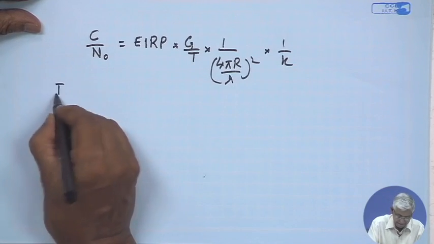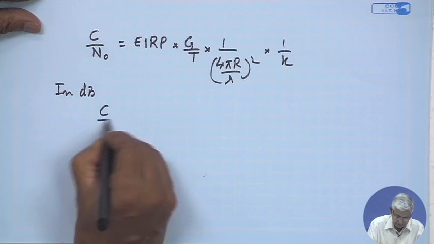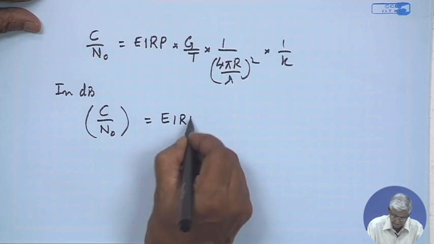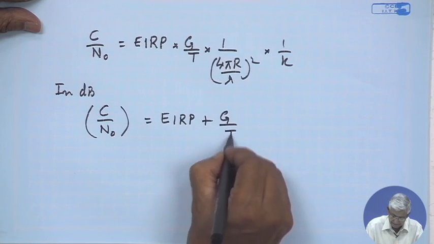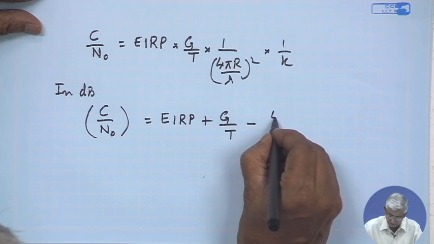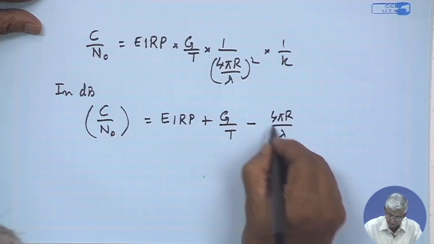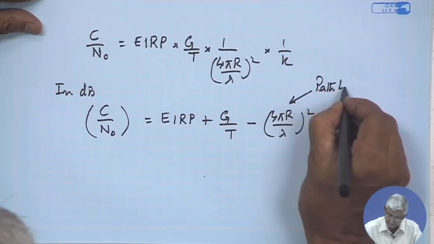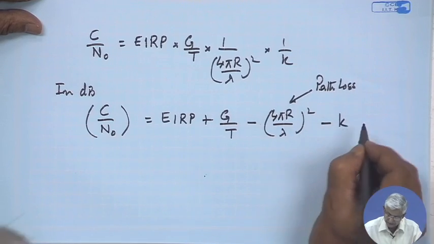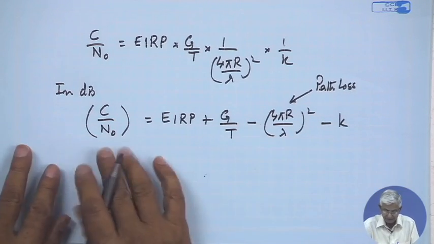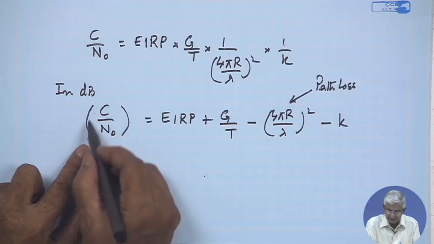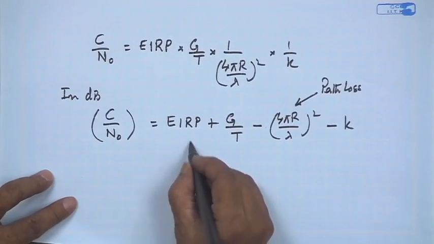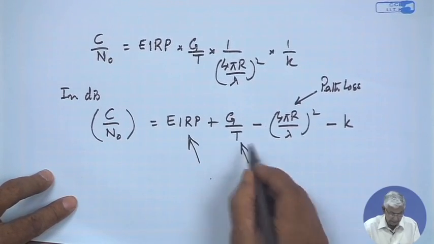And in dB, C by N naught is equal to EIRP plus G by T minus 4 pi r by lambda whole square, which is path loss, minus K. So it is in dB terms, and the unit is dB hertz, because it is N naught, hertz has gone up. Now let us see the importance of EIRP and G by T.